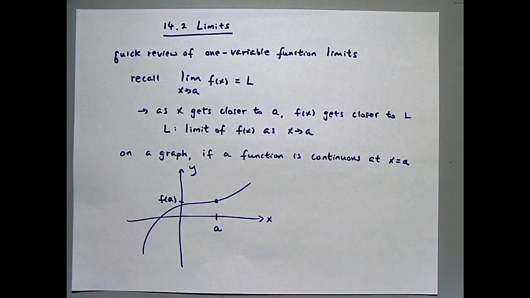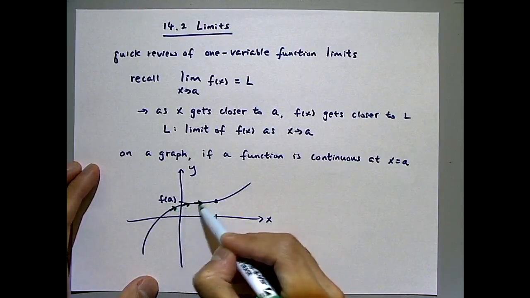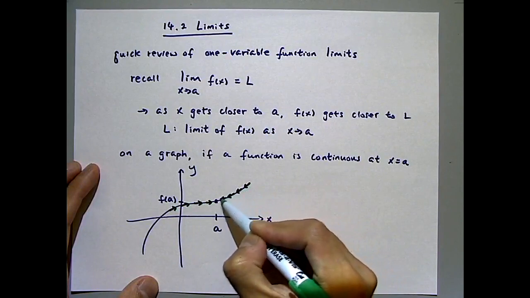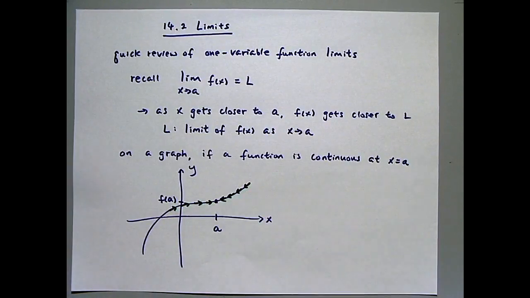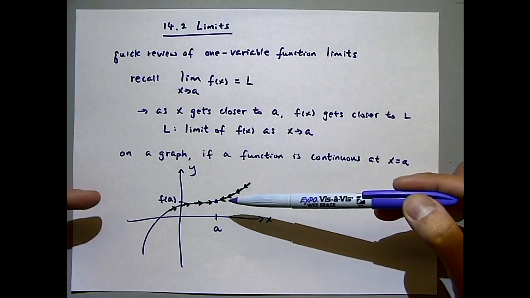So here I got a continuous curve here. And you remember the idea on a graph, doing the limit means we follow that graph from both directions. And we get as close to a as we possibly can from both directions. And as we do that, we look at what happens to the y value.